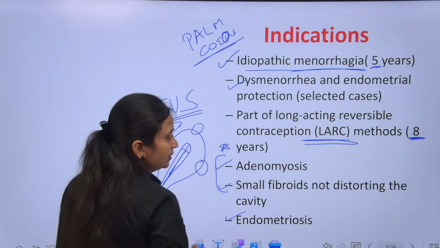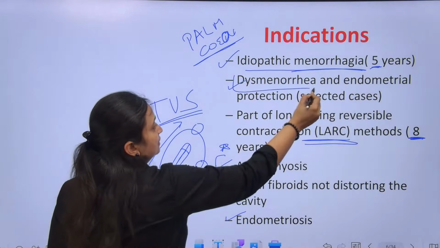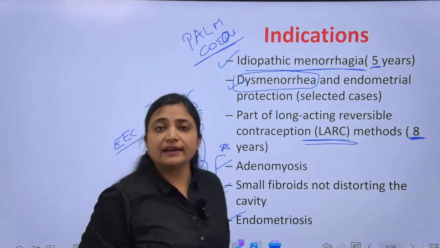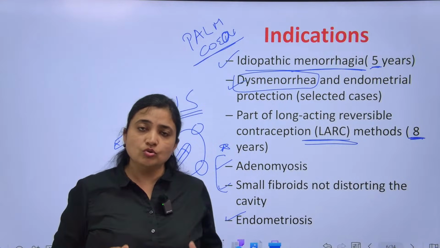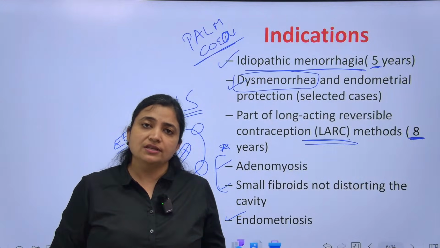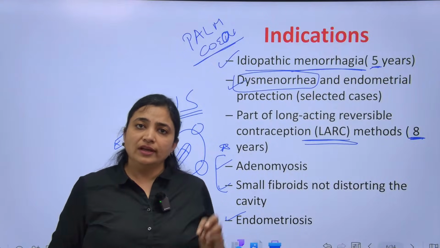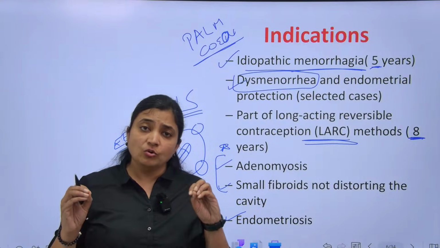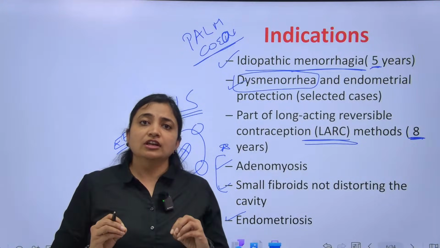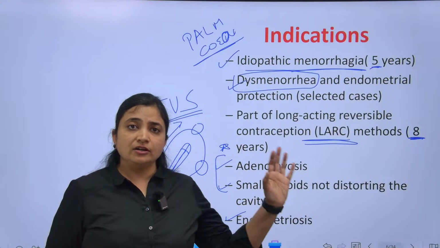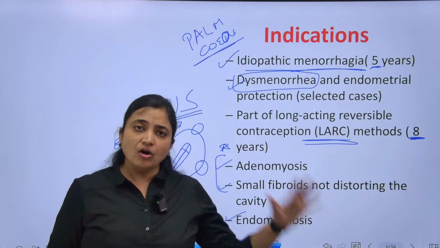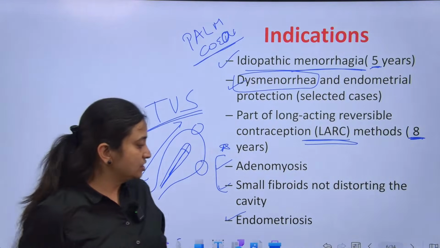In cases of endometriosis also, it decreases dysmenorrhea, because our idea in endometriosis also is to decrease the frequency as well as amount of menstruation. In toto, in your theory, where you have read that we need to give continuous progesterones in 1, 2, 3 options, in all options we can use LNG-IUS.